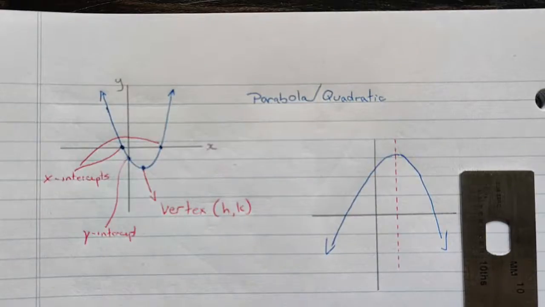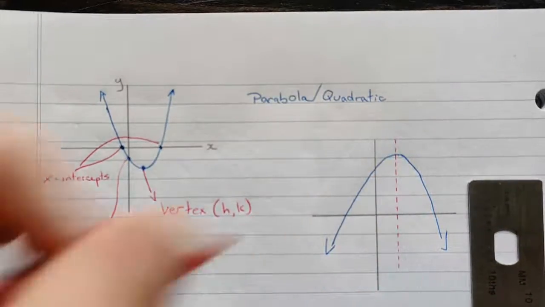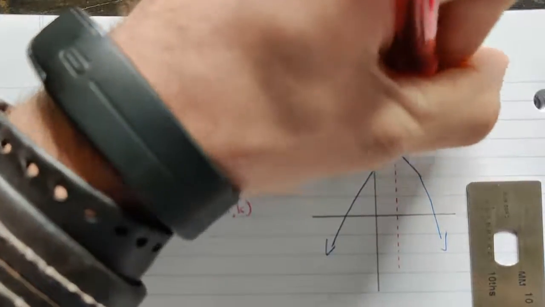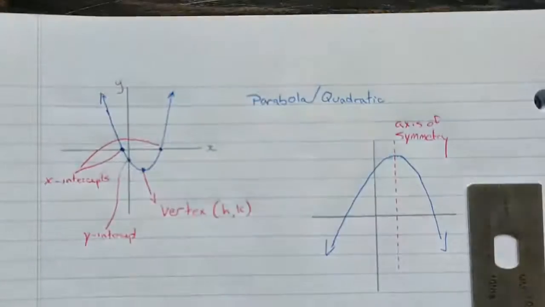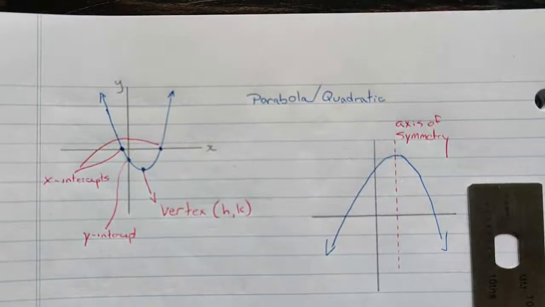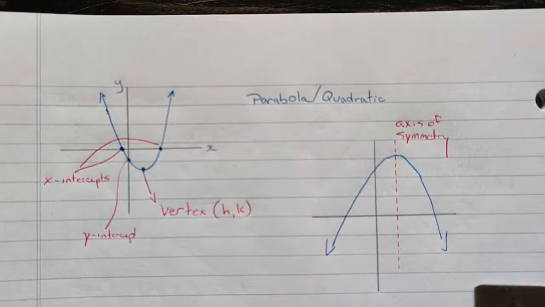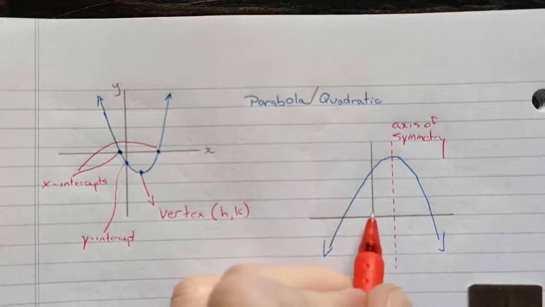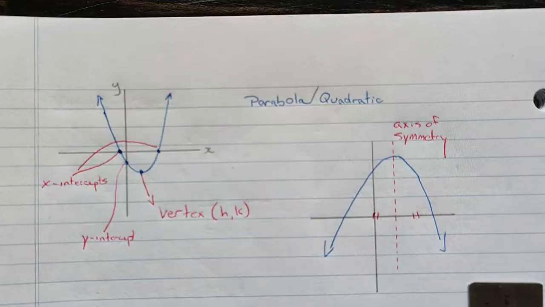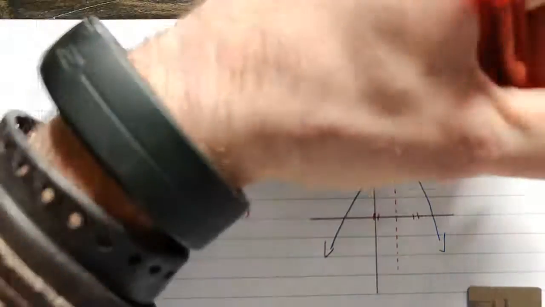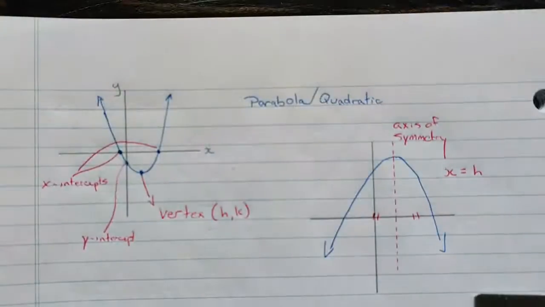In my drawing, not the best, this line here is called the axis of symmetry, where you could see that graph mirrored on either side if you were to put one of those little red mirrors on there. So each point from here to here is the same distance apart. Again, it doesn't look like that on my graph, but my drawing is not the best. That axis of symmetry is an equation, x equals the h value of the vertex.